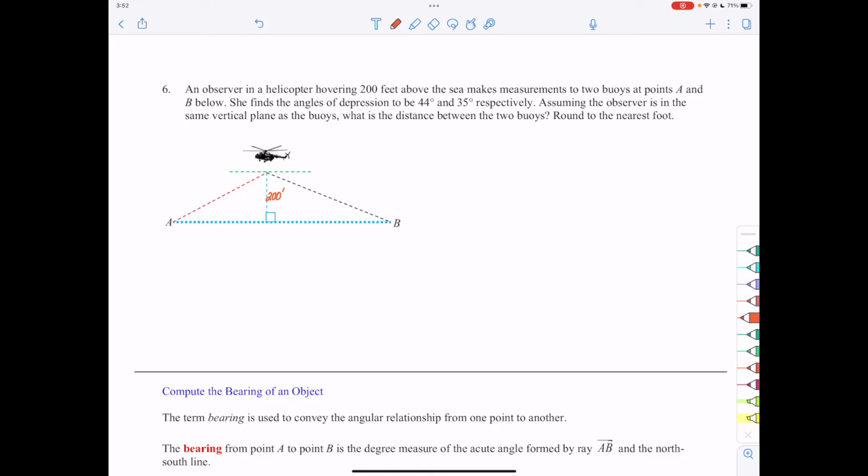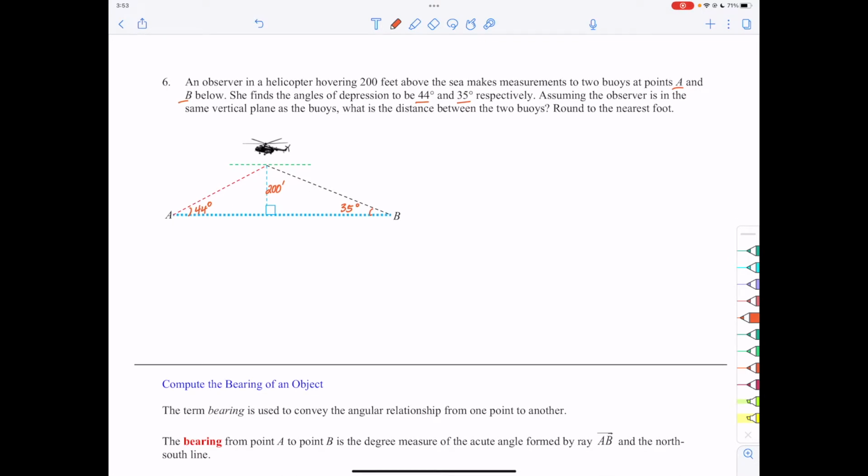She finds the angles of depression to be 44 degrees and 35 degrees respectively. And respectively means in that same order. So A is 44 and B is 35. Okay. Assuming the observer is in the same vertical plane as the buoys, what is the distance between the two buoys?